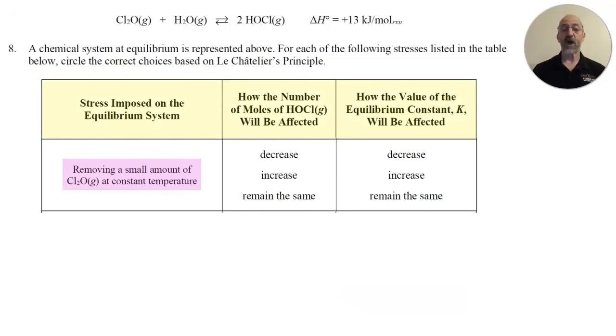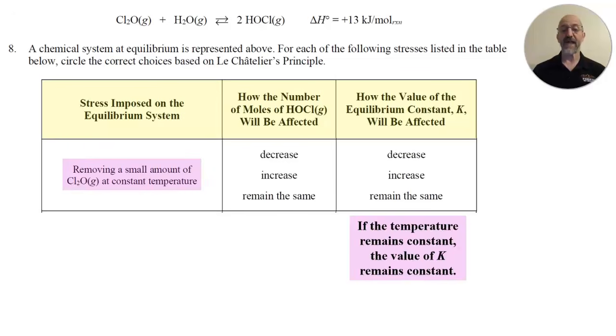Now, this stress also involves constant temperature, so I'll focus on that first. Again, if the temperature remains constant, the value of K also remains constant, so I will circle remain the same for K. But we are removing a small amount of Cl2O, which happens to be a reactant.